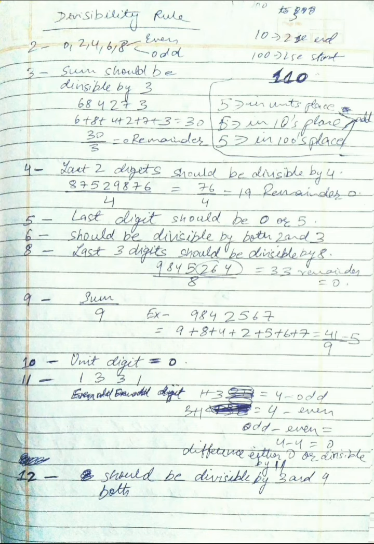We divide 30 by 3 and the remainder is 0, so this number is divisible by 3. If the remainder is not 0, if it is 1 or 2 or any other number, then the number is not divisible by 3.